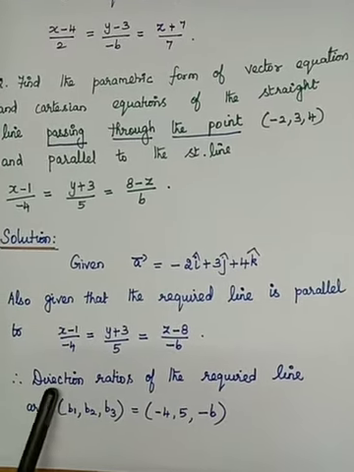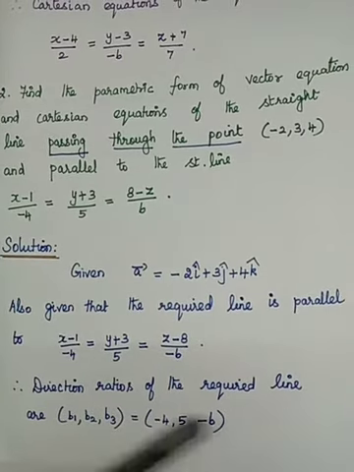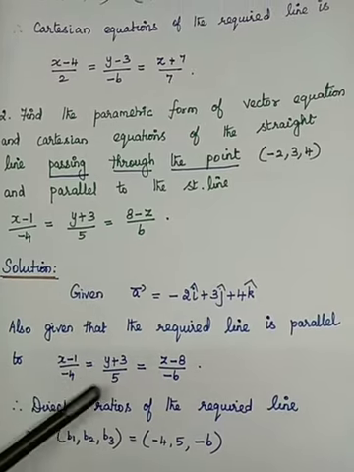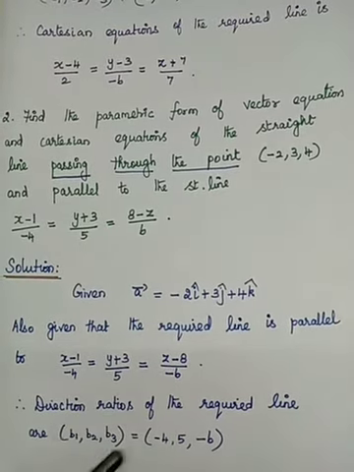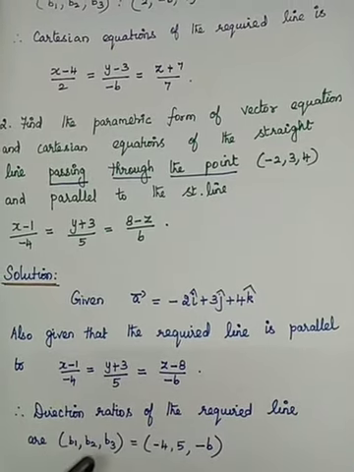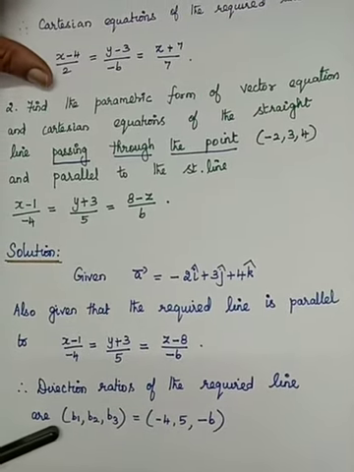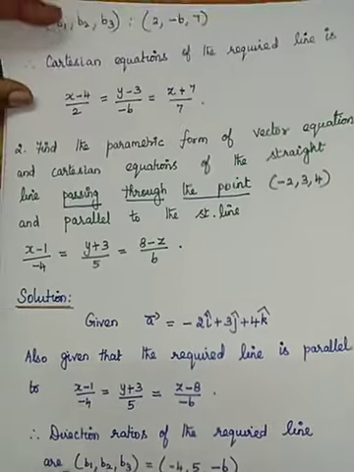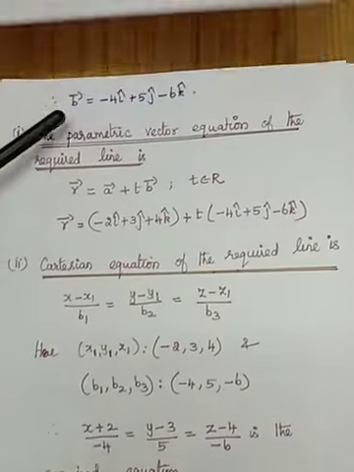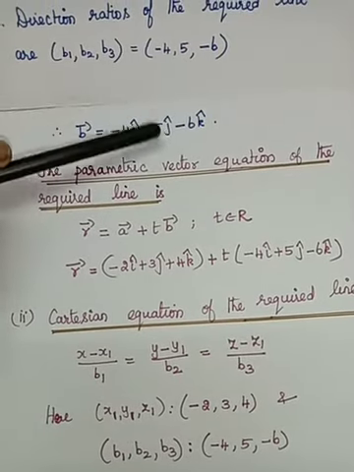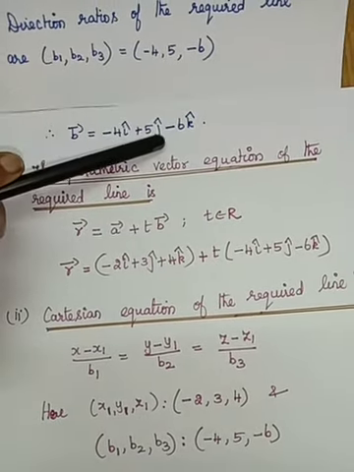Therefore the direction ratios of the required line are minus 4, 5, minus 6, denoted by b1, b2, b3. So here you are having a vector. So what is your b vector? B vector is equal to minus 4i cap plus 5j cap minus 6k cap.